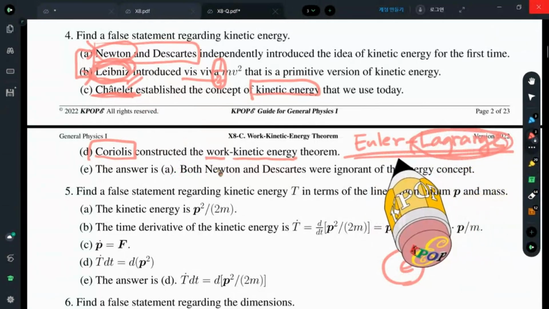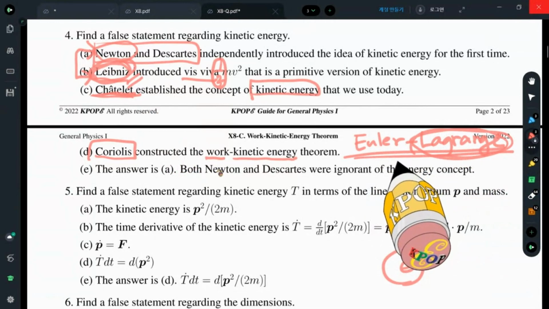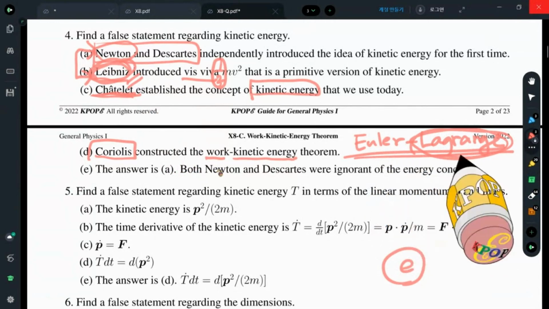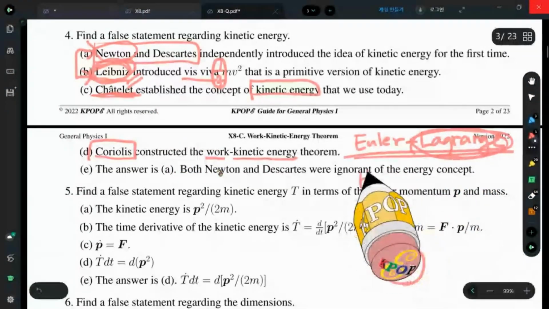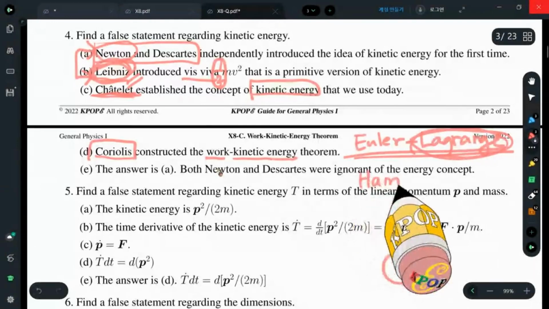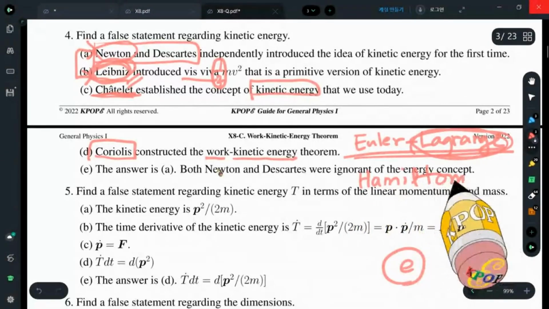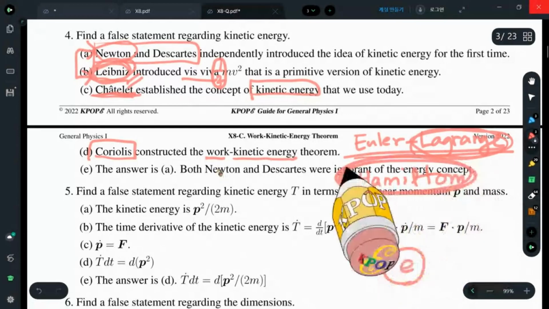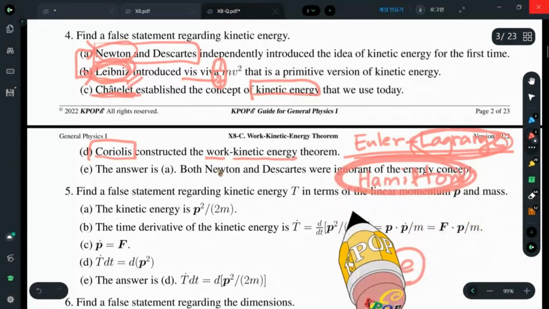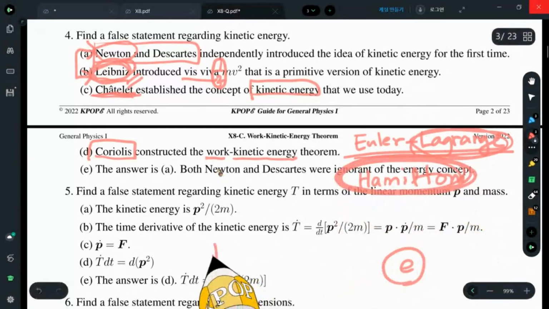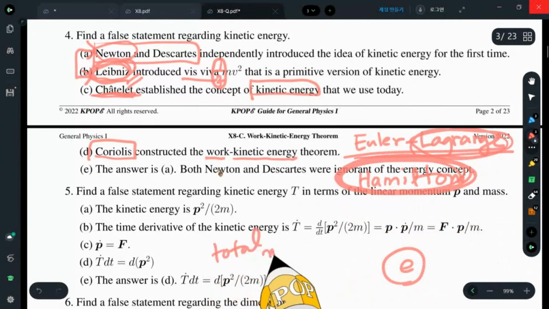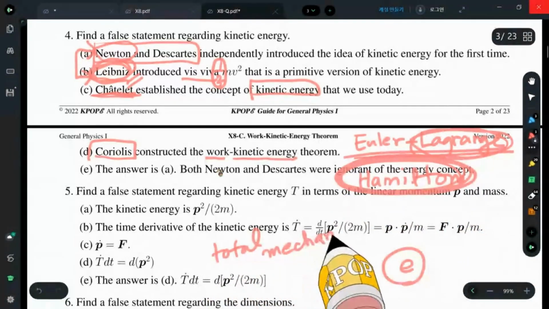And very recently, about 130 years ago, Hamilton appeared. Hamilton developed a very basic idea, what we learn today, total mechanical energy.